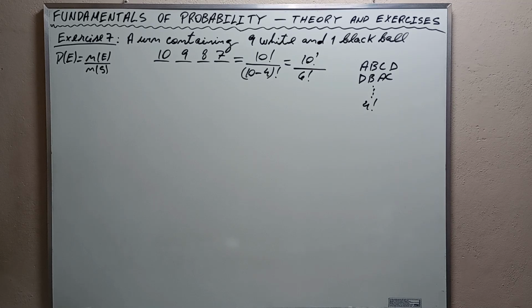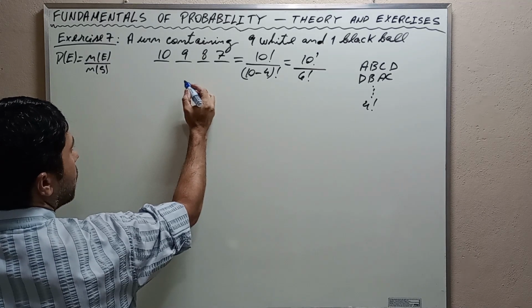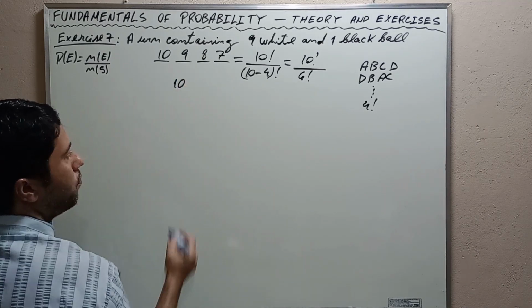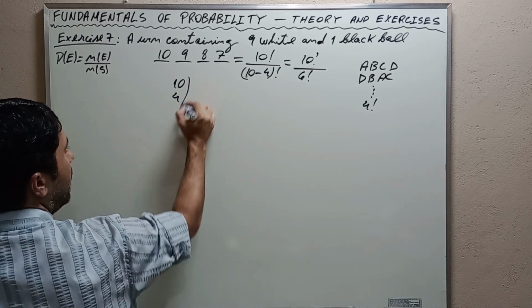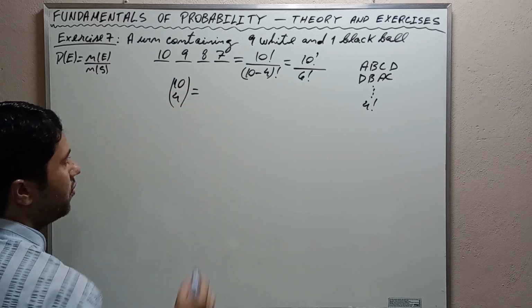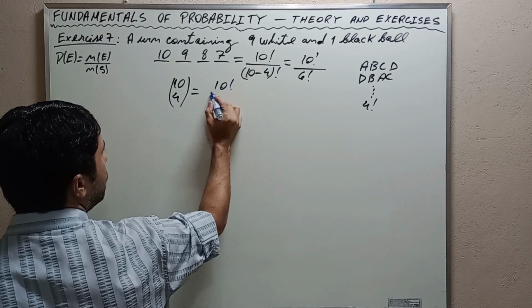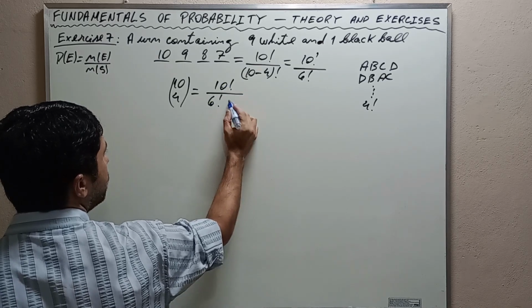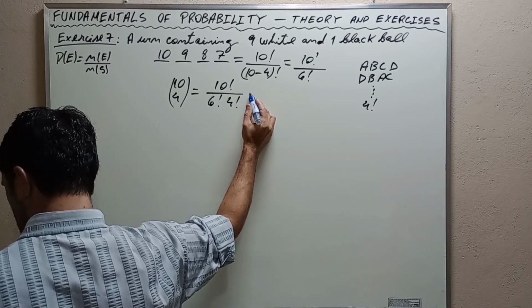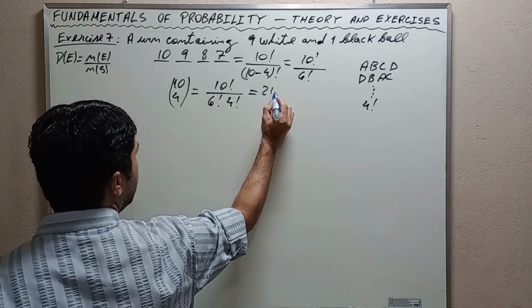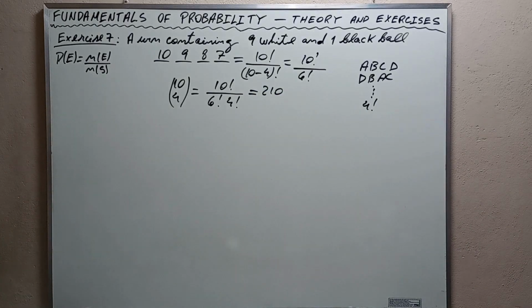If we remove the repetitions, then our sample space will be the combination of 10 balls taken 4 at a time, and this is equal to 10 factorial divided by 6 factorial times 4 factorial. I already calculated and found 210.